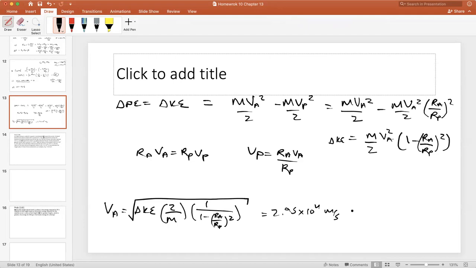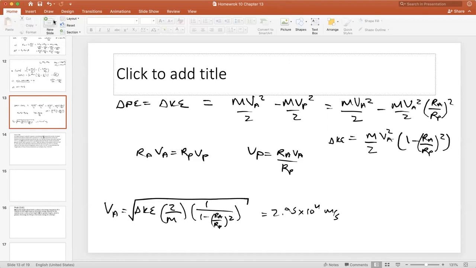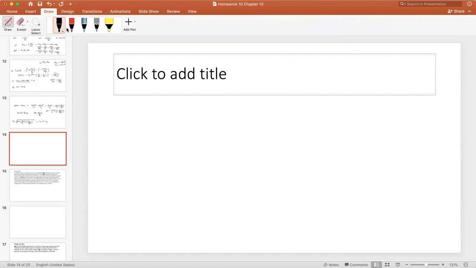And then the last part that you need to do is remember it wants the variation between the two. So if we want the variation, we want VA minus VP. So we want delta V. And we know, as we've already said, that VP is equal to RA over RP times VA.